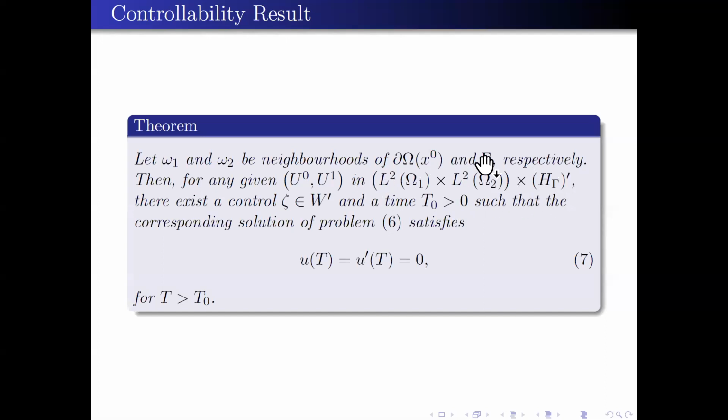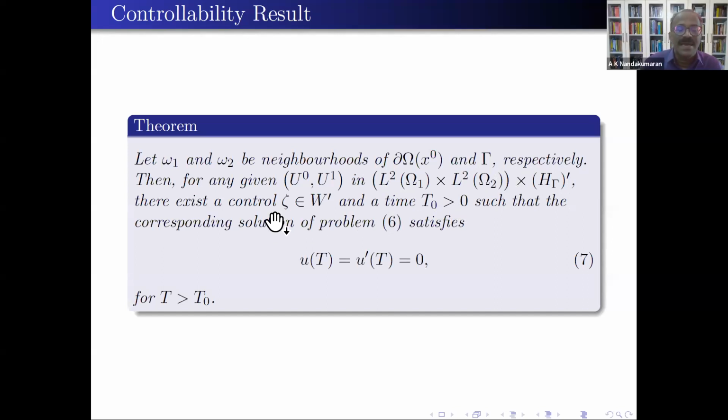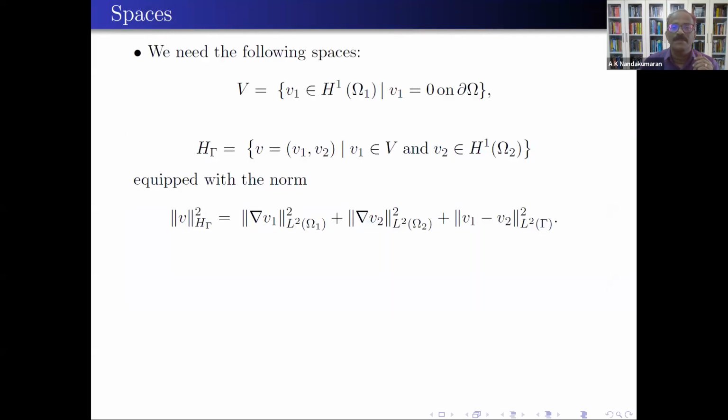And then here is a control, which is in a much weaker space. You will see that: control zeta in omega prime. So you can achieve the controllability. That's the result of this paper. But I will show you some steps in what my controllability estimate to be proved is, and I will end the talk at that stage.